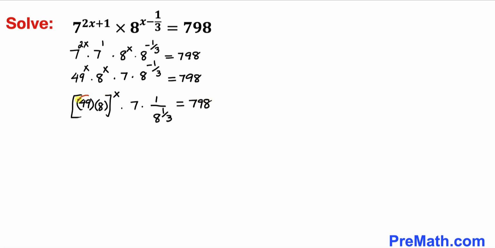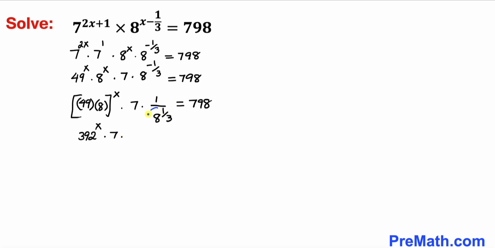And now we know that 49 times 8 is 392. So therefore I can write 392^x times 7 and then times.